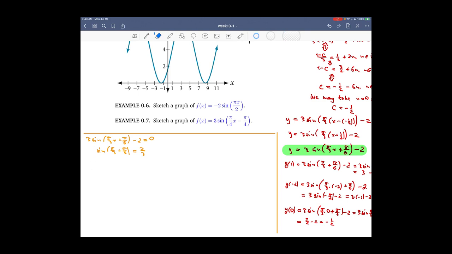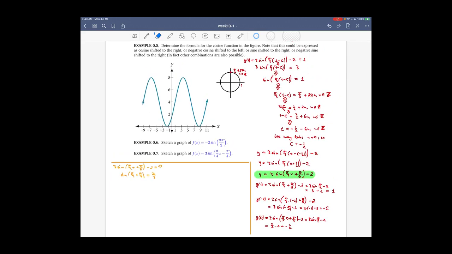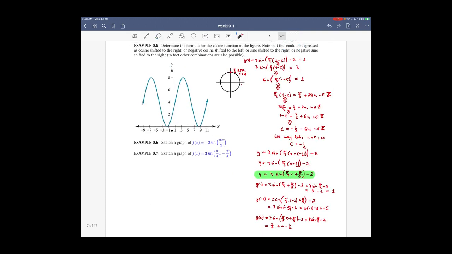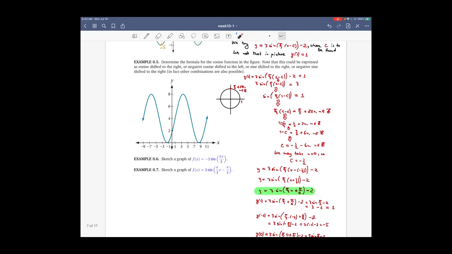So it'll involve arcsine of 2/3, which we haven't yet talked about. So it'll be difficult to find this point. But anyway, we have enough information to see that indeed we have found our function in the form 3 sine of (pi over 3 x plus pi over 6) minus 2.